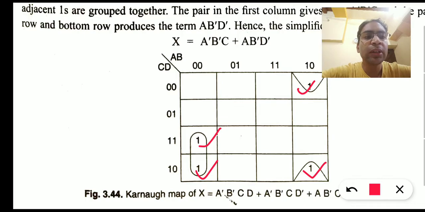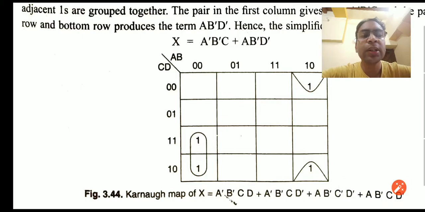So we will start by forming pairs, then we can form the quad and octet. Obviously we will try to form the largest group first, that is we will try to form the octet, then we will try to form the quad, after that pair, and then we will use singletons.